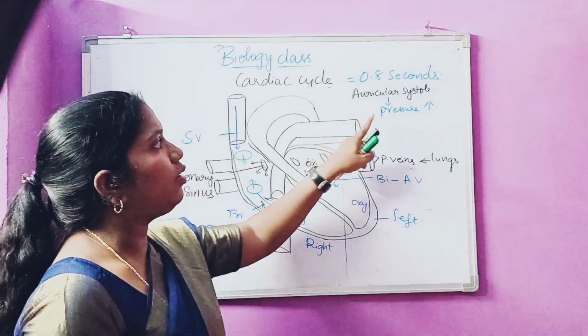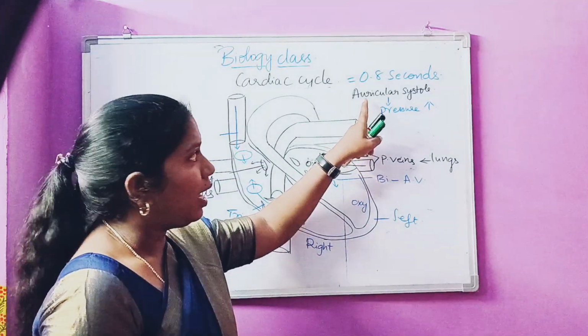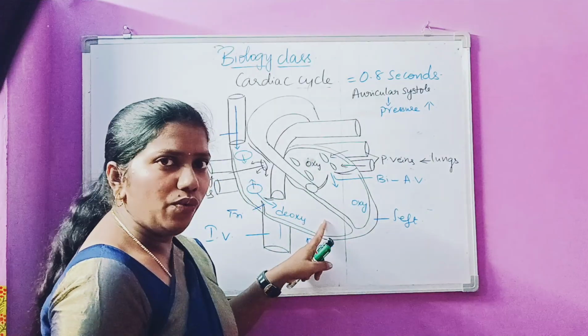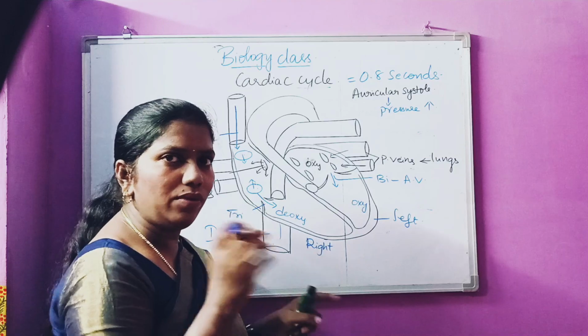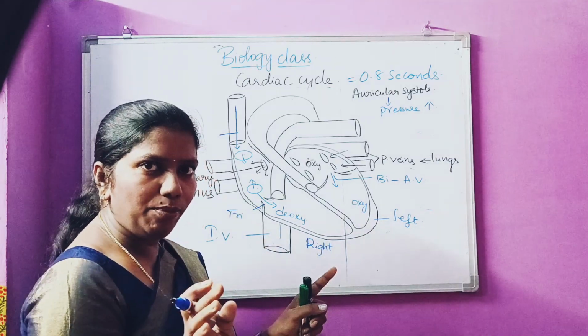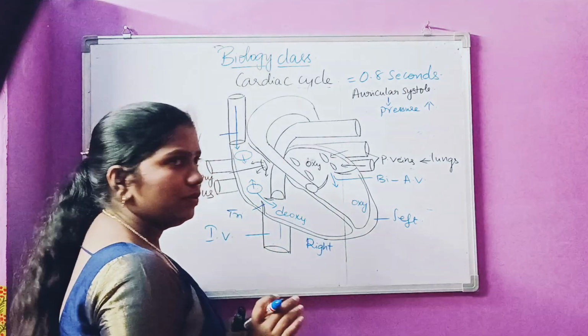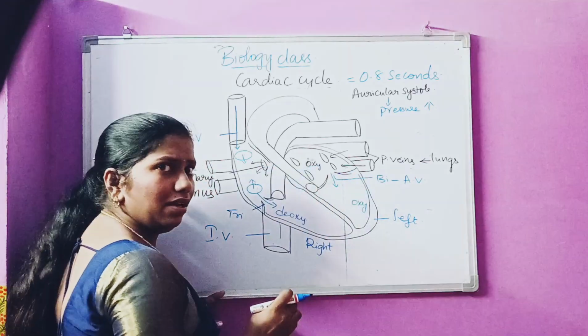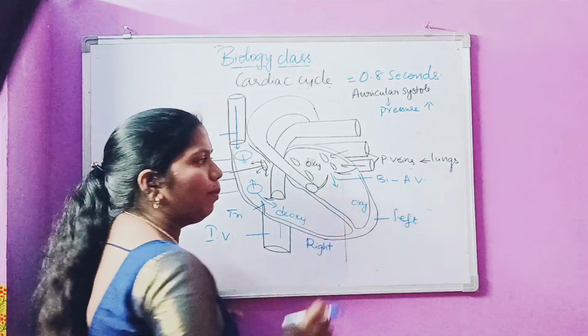So the pressure inside the auricle increases. As a result, the blood moves from auricles to ventricles upon systole, upon contraction. Fine here everything? Now, as soon as the blood comes into the ventricles, they start filling with the blood.